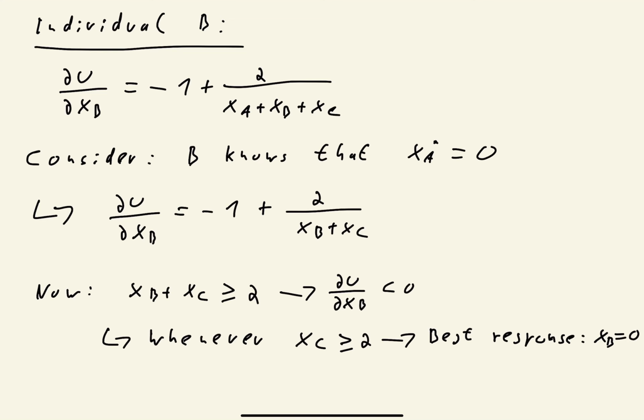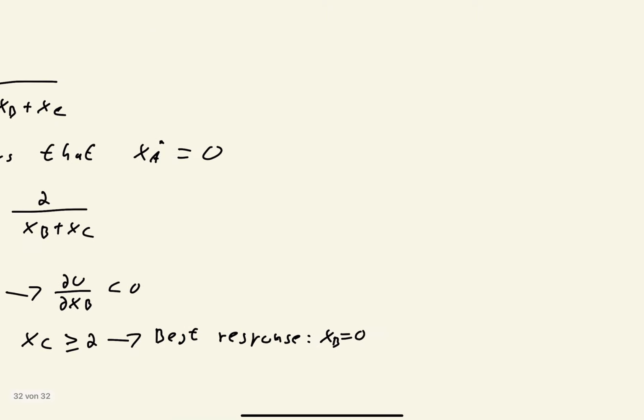Okay, now let's consider the other case. Now, 0 weakly smaller than xc, weakly or strictly smaller than 2. This is the next case that we will consider.